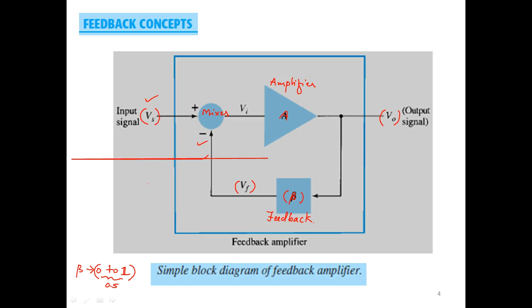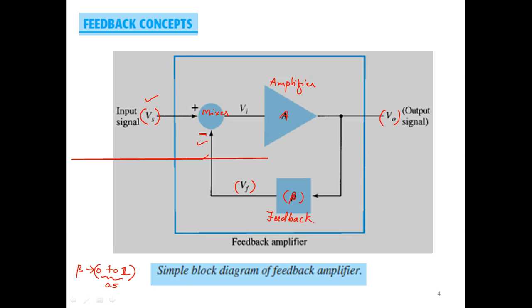Now the mixer, depending upon the polarity of the feedback voltage, may either add up the signals or subtract the signals. In this particular block diagram, this feedback voltage is indicated by a negative sign, negative polarity. What does that mean? That means the phase of the input signal and the phase of the feedback voltage are not the same.